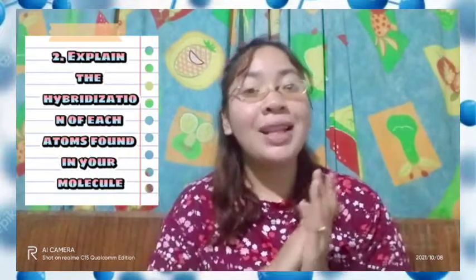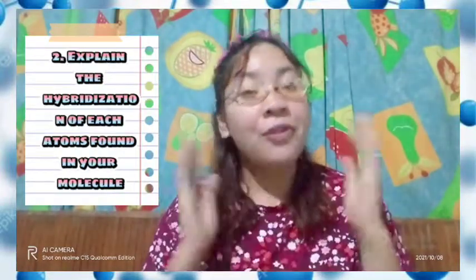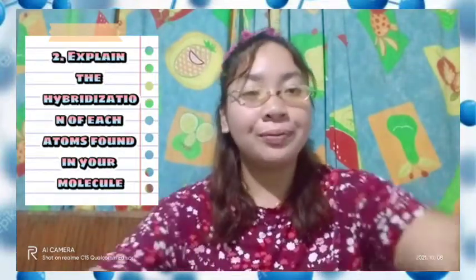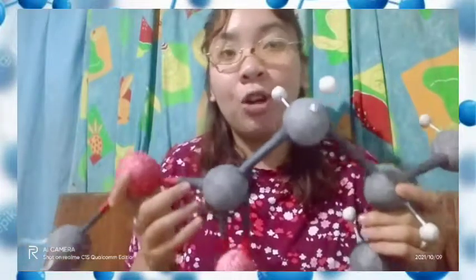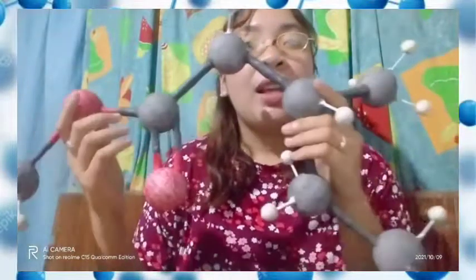Explain the hybridization of each atom found in your molecule. When we say hybridization, it is the intermixing of atomic orbitals of the same energy level to form new degenerate orbitals. The new orbitals thus formed are known as hybrid orbitals.